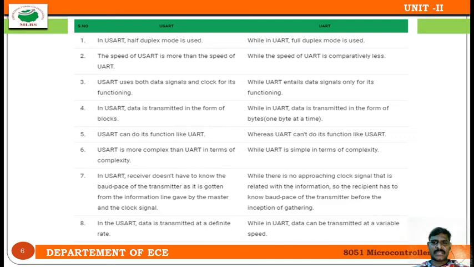Whereas in UART, there are no clock signals related to the information, so the receiver has to know the baud rate of transmission before the inception of gathering. In USART, data is transmitted at a definite rate, whereas UART can transmit with variable speeds.